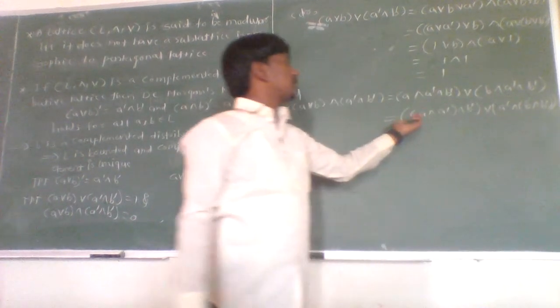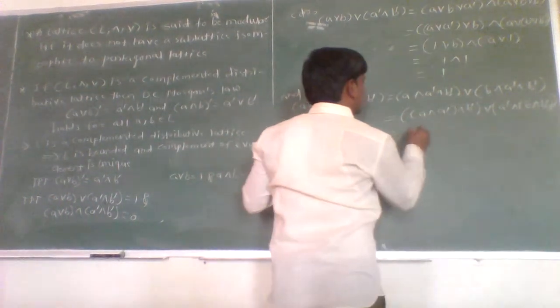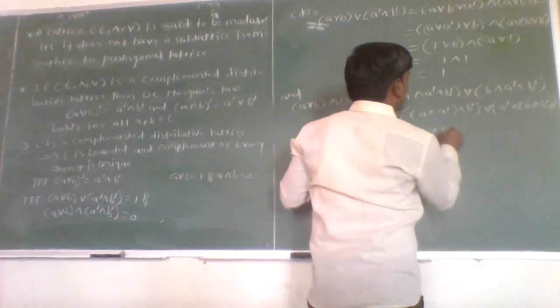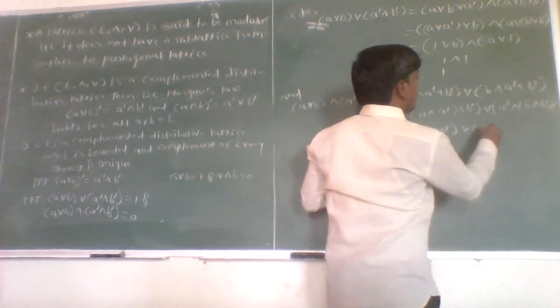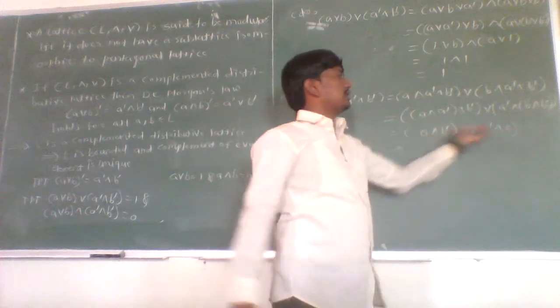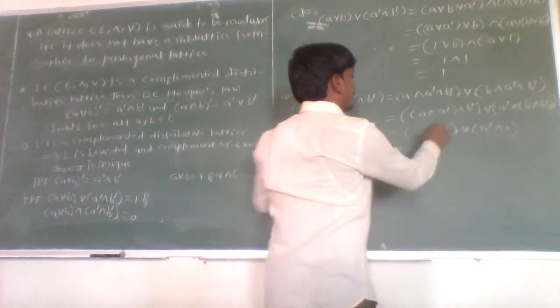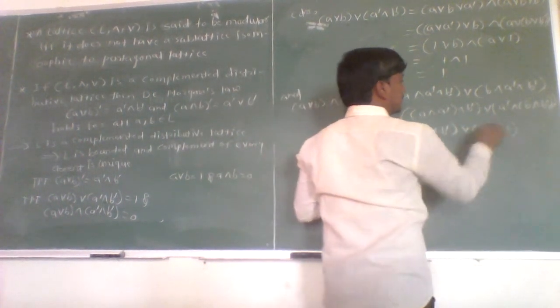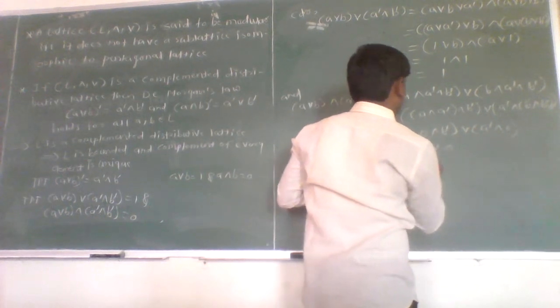As here A dash is a complement of A and B dash is a complement of B, then A meet A dash will be equal to 0 and B meet B dash will be equal to 0, which is equal to 0 meet B dash join A dash meet 0, and as 0 is the lowest element, that is least element, therefore 0 meet B dash is 0, join A dash meet 0 is 0, which is equal to 0.